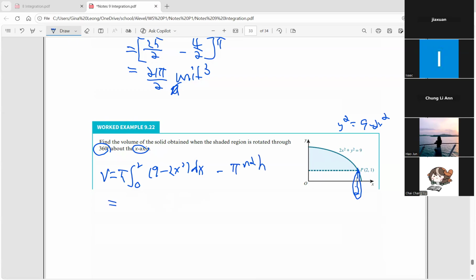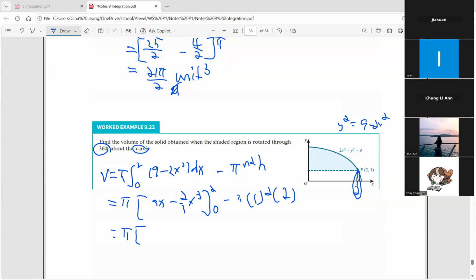Okay, pi. This one I will get 9x minus 2 over 3 x cubed, from 2 to 0, minus pi. My r is actually here, it's 1. My h is the whole thing here, which is 2.